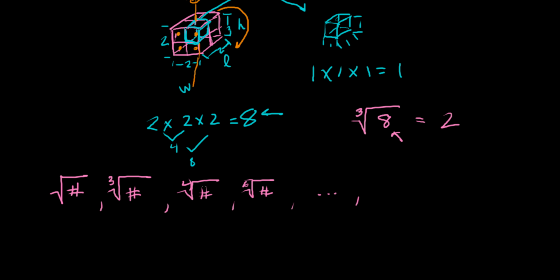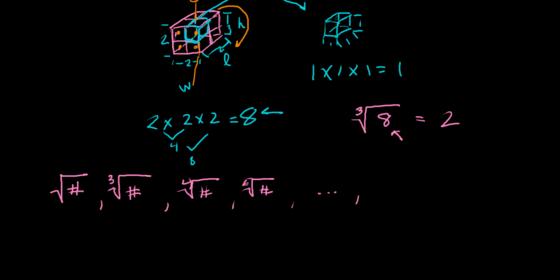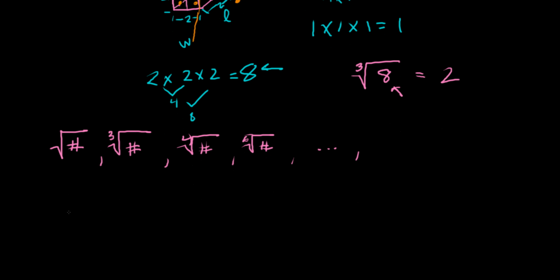So if you had a 4th root, you figure it out the same exact way you'd figure out a cube root. Let's say we had the 4th root, so I'm going to write a little 4 there. The 4th root of 16. What this is asking is, this operator wants to know what number, question mark, multiplied by itself 4 times gets us this number, 16.